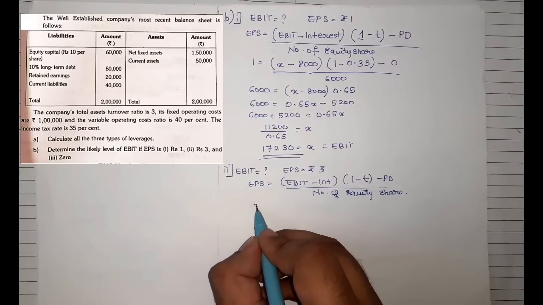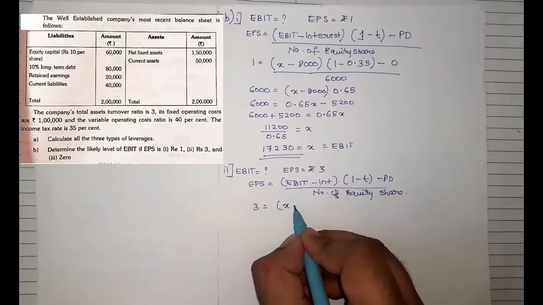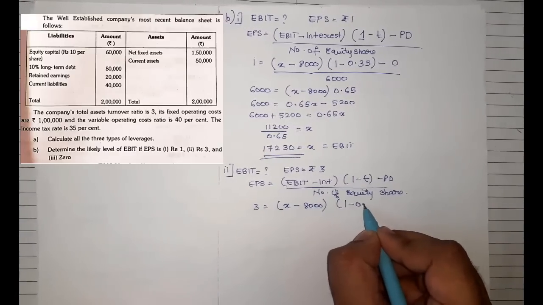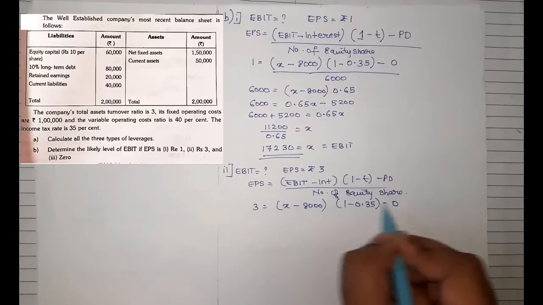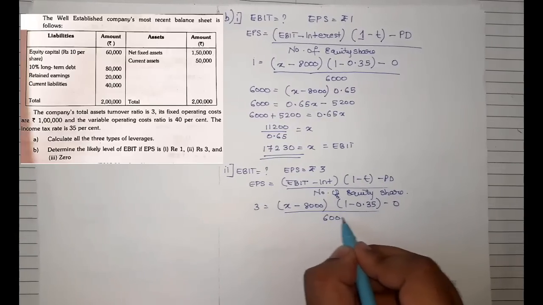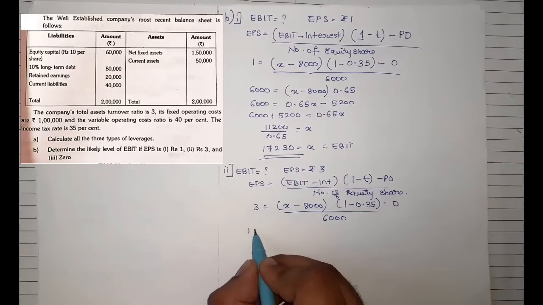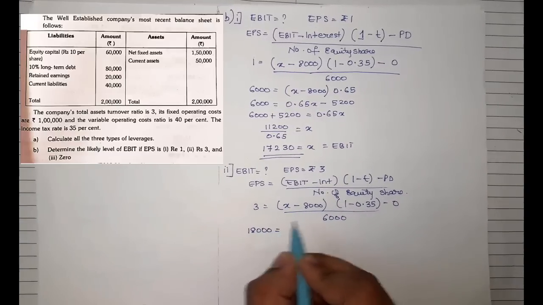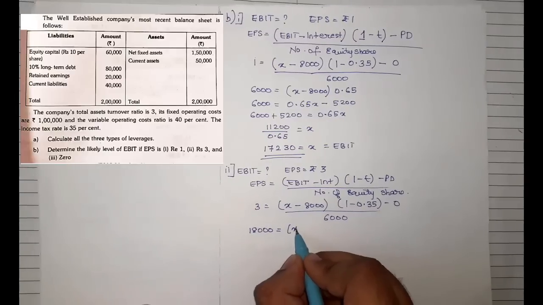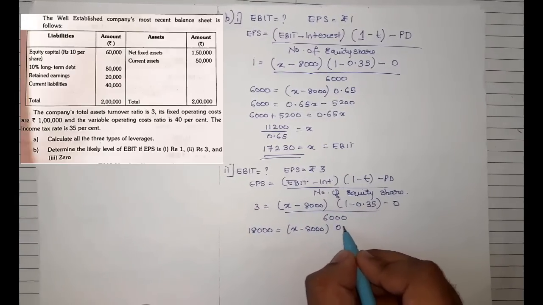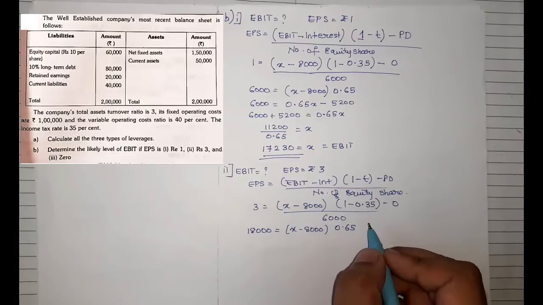Now your EPS is 3, EBIT we have to find, interest was 8,000, 1 minus tax rate was 0.65, there is no preference dividend, upon 6,000 shares because the number remains the same. You cross multiply, we get 18,000 equal to x minus 8,000 into 0.65.